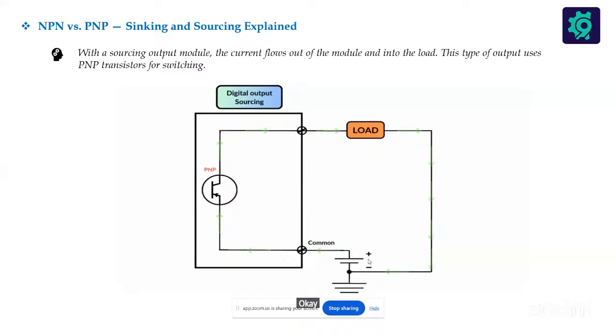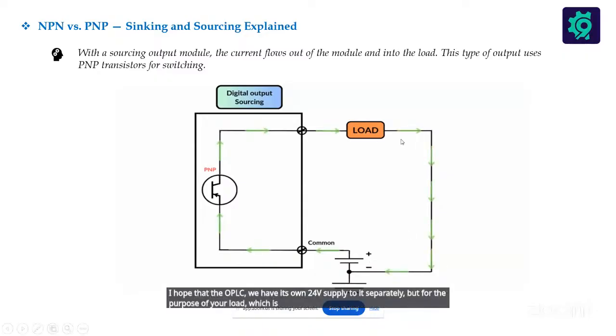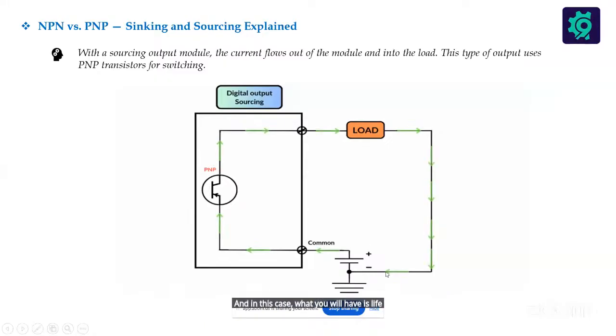The PLC will have its own 24 volt supply separately, but for the purpose of your load, which is a relay output, this external power supply will be 220 volt. And in this case, what you will have is live and neutral.